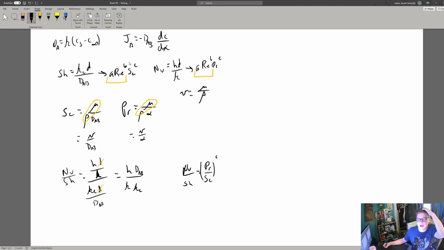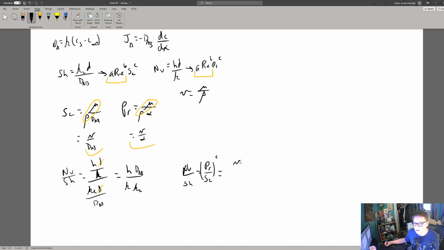And now you can see why a, b, and c are equal to each other, because we can make the entire ratio raised to the power of c. All right, and we know what the Prandtl number and the Schmidt number are equal to. We showed that up here. So we can put these in.